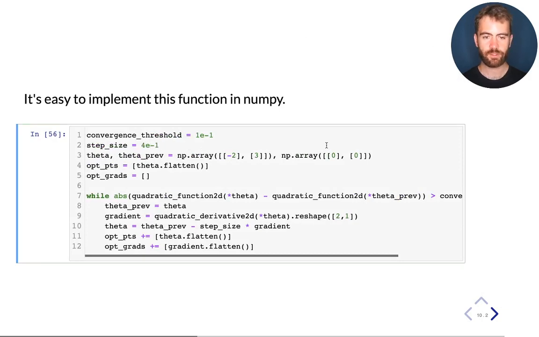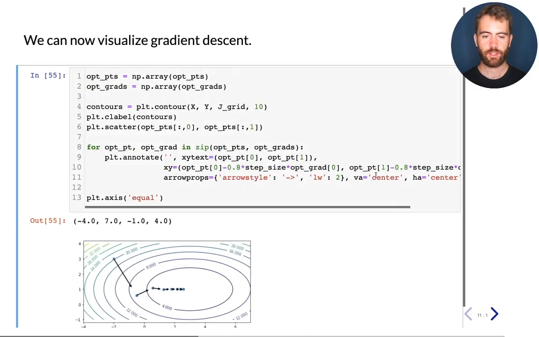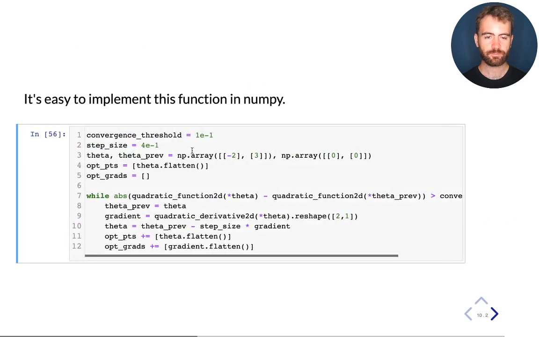I can keep doing this. I can further increase the step size, and I can revisualize this. And now you see that we are overshooting even more. We're going here, here, here, and now our trajectory becomes a little bit chaotic, and in a sense we're slightly wasting movement because each step is too large and we're overstepping a little bit.